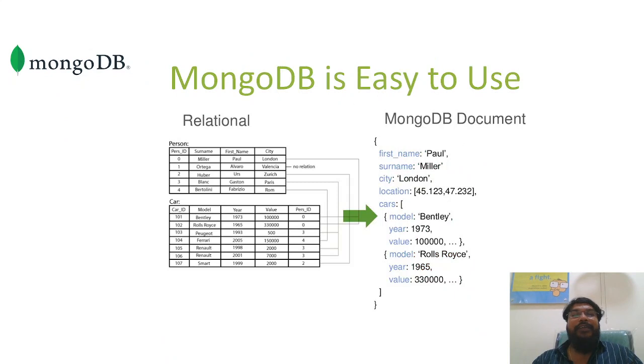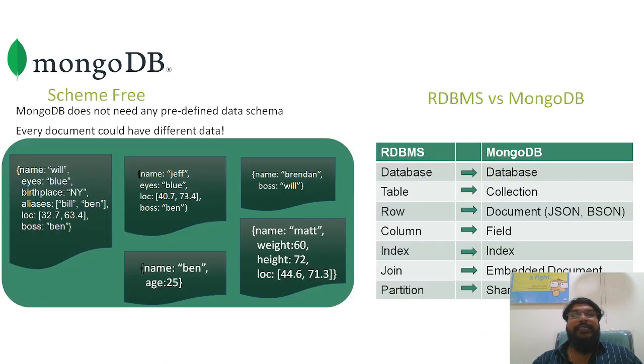So here, if you look at the example that we had taken, you can see the names which are replaced in MongoDB. In RDBMS, we call it a database, and in MongoDB also we call it a database. In RDBMS, we call it a table, and in MongoDB, we call it a collection.